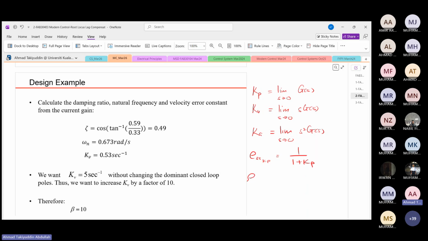The steady state error for Kv will be 1 over Kv. The steady state error for Ka will be 1 over Ka. If you would like to have further revision, you can refer to the steady state chapter of control system.